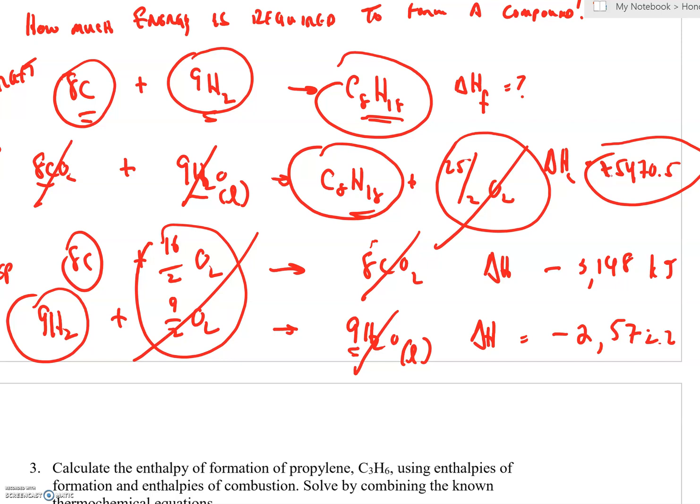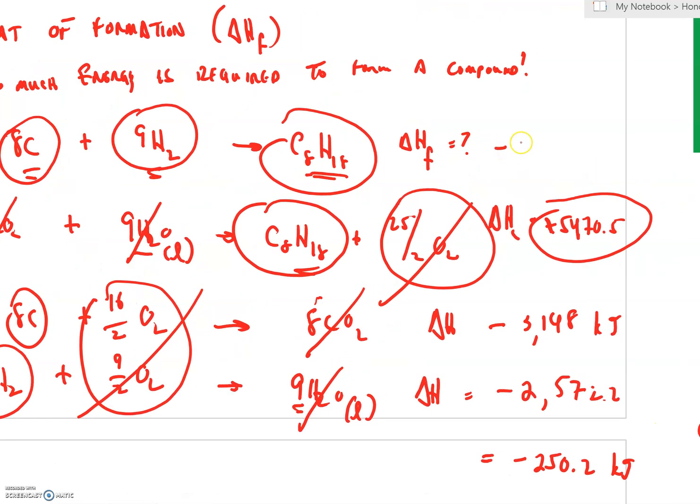Okay, so now we have positive 5,470 minus 3,148 minus 2,572.2. Ladies and gentlemen, the heat of formation of octane, negative 250.2 kilojoules, and you have your answer.